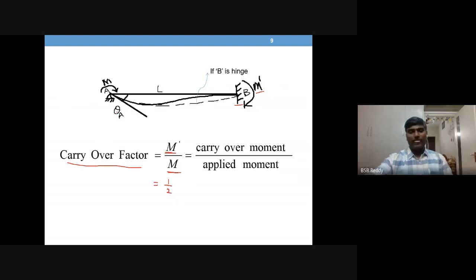Which means if you apply 10 kilonewton meter here, and the far end is fixed, the moment developed at the far end is half of the value applied. That means 5 kilonewton meter is developed at the far end if it is fixed. That is what is meant by carryover factor.